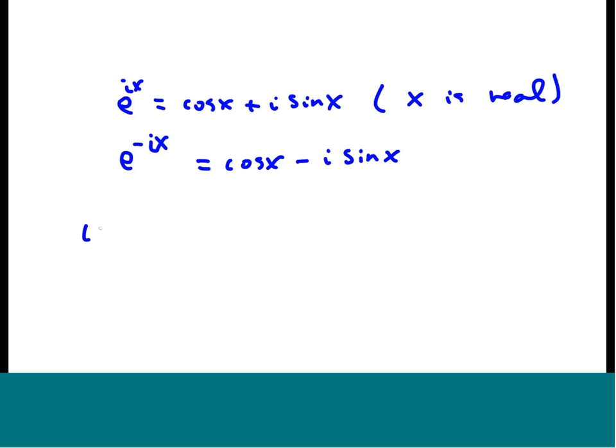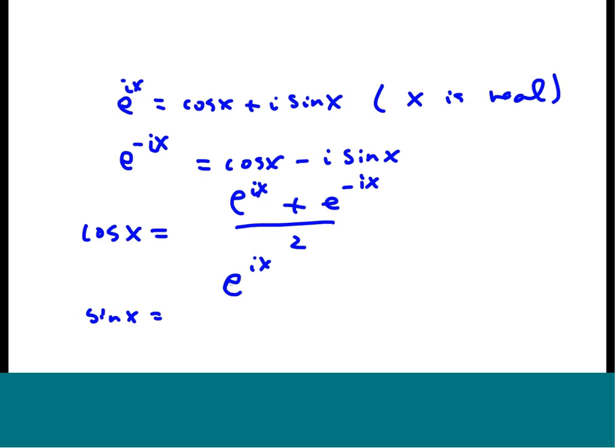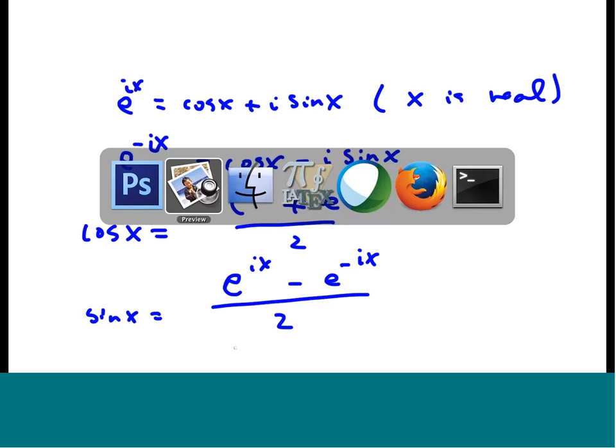So you solve it, and cosine x equals e to the ix plus e to the minus ix, divided by 2. And sine x equals e to the ix minus e to the minus ix, divided by 2i. That's not really important at all. I never use it, so just know it.